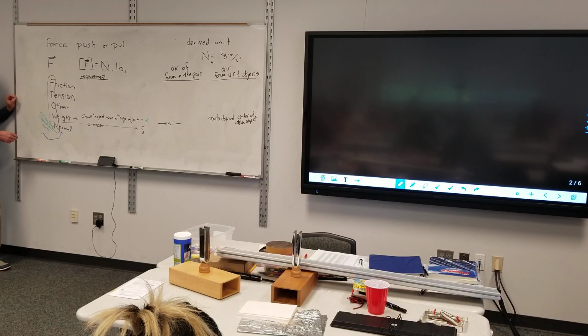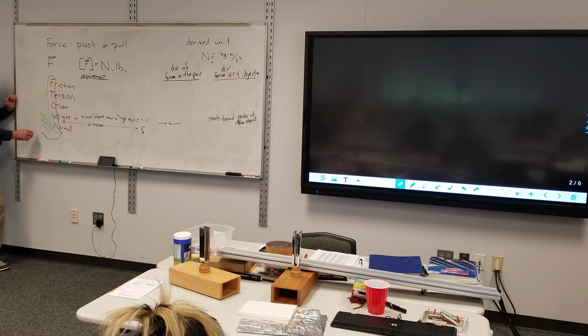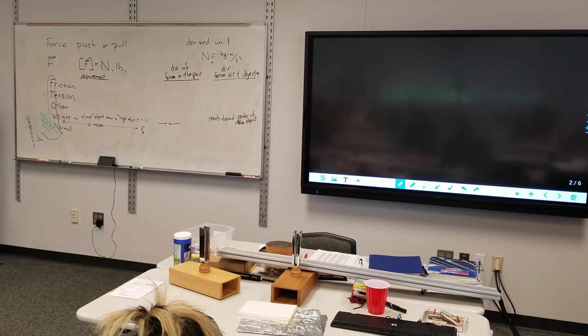And again, I don't like writing out the word perpendicular, so I just put the symbol for perpendicular. So you might be able to guess that the direction of the forces will be perpendicular to something, and they will be.